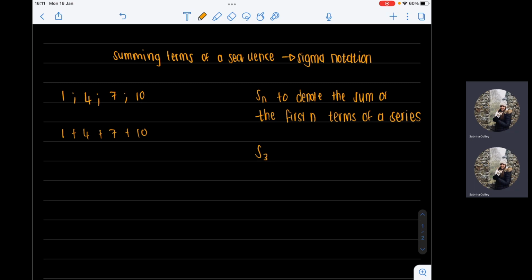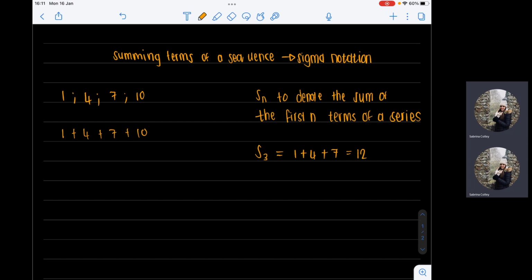So in the case of the example on the left, the S3, so the sum of the first 3 terms, would be 1 plus 4 plus 7, right? And that would give you 12.